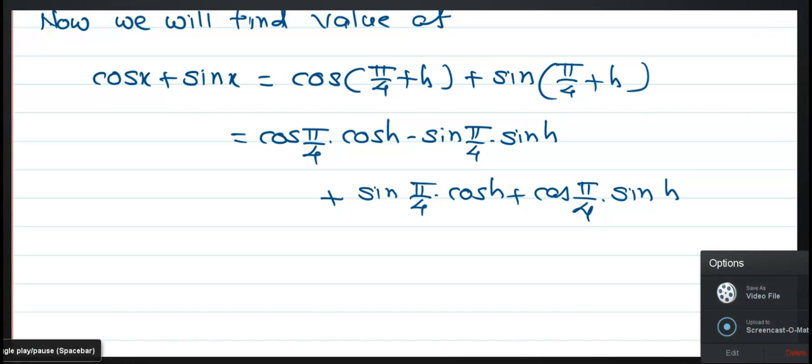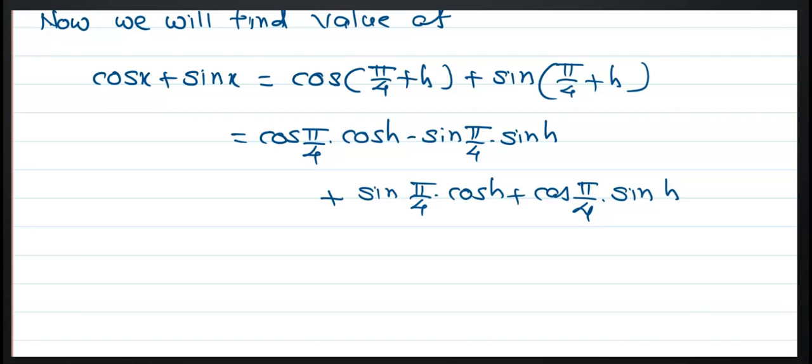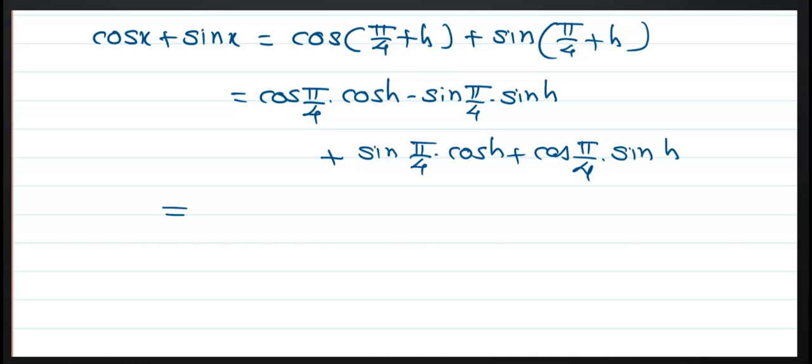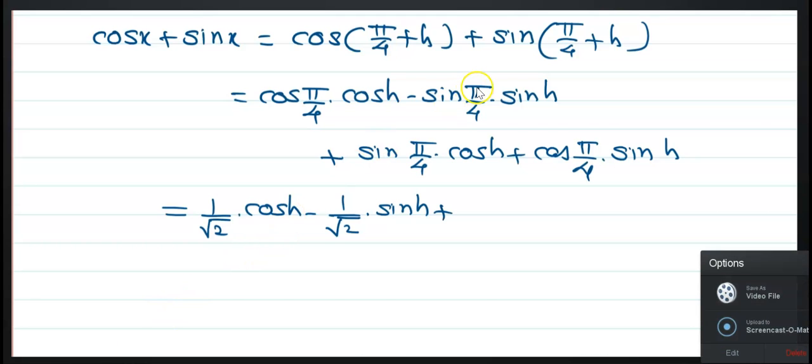This is the... therefore substitute the value: 1 upon root 2 cos h minus 1 upon root 2 sin h, plus 1 upon root 2 cos h plus 1 upon root 2 sin h.